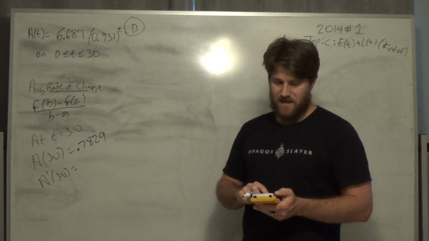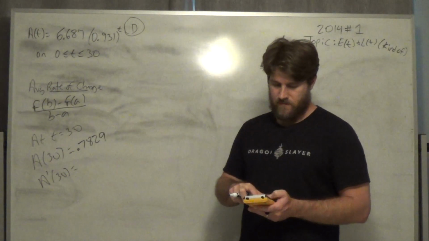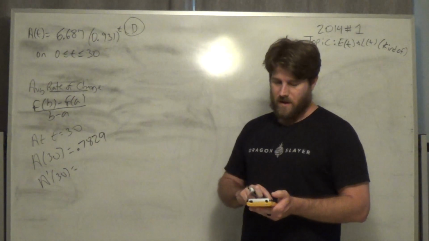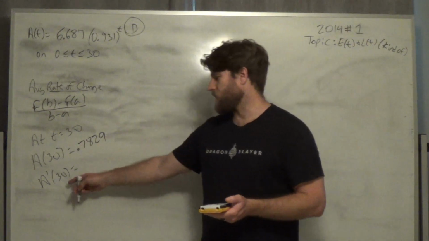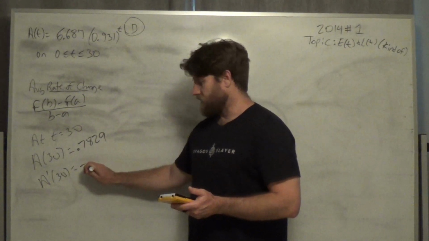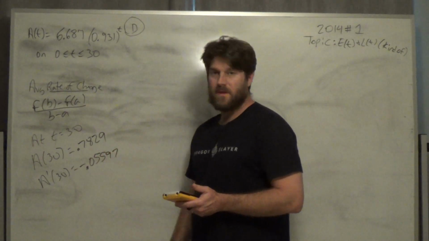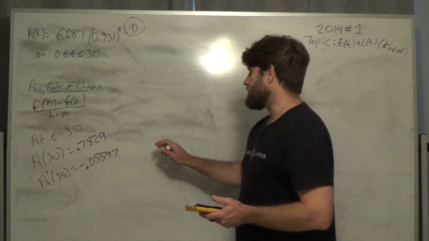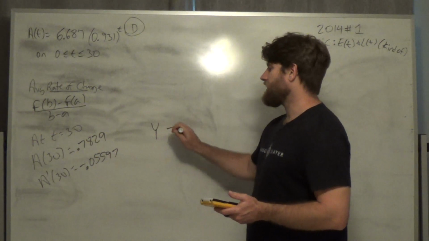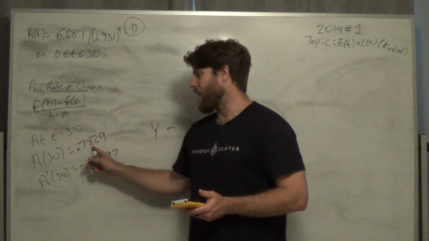So I'm going to hit math 8, telling my calculator to take the derivative at 30. So I'll do d/dx, plug in 30, and I get negative 0.05597. Now, this is the point. So my equation is y minus y1. Remember, this is the x and the y, or the t.